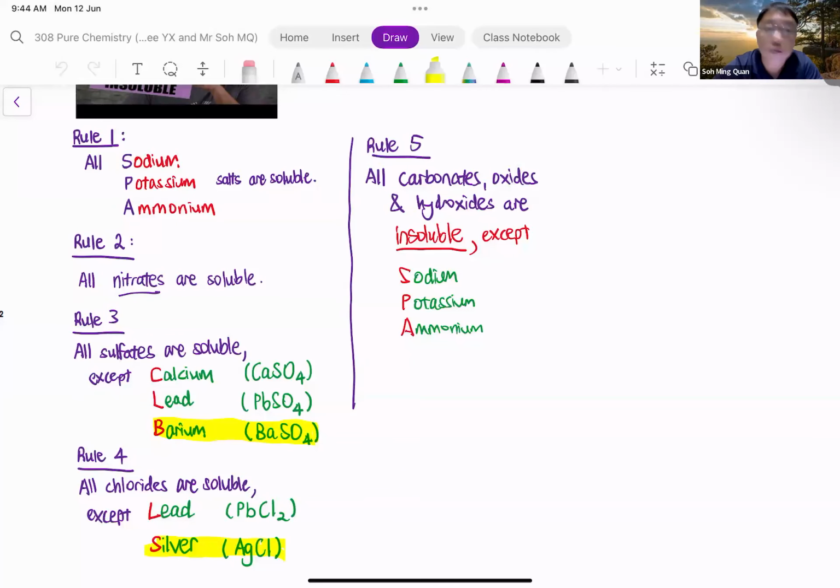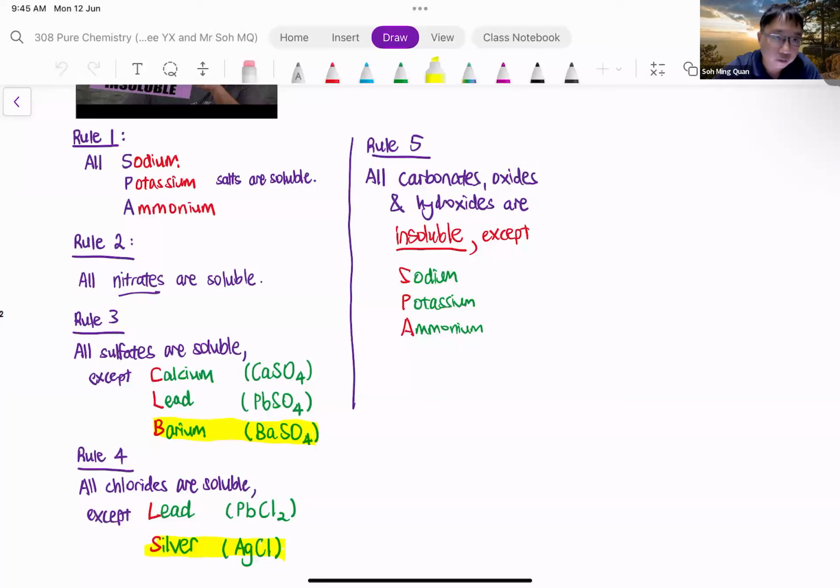So long as the salt contains sodium, potassium, or ammonium ions, it will definitely be soluble in water. That's rule number 1. It's the most general and catch-all rule, because there's no exception to this.